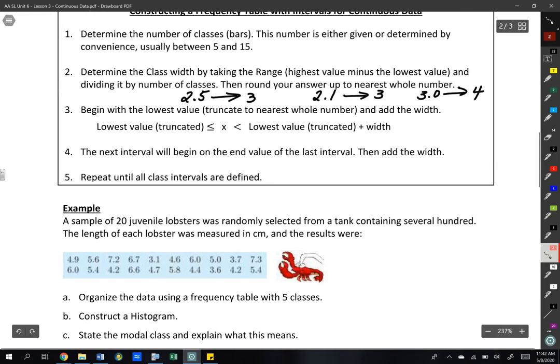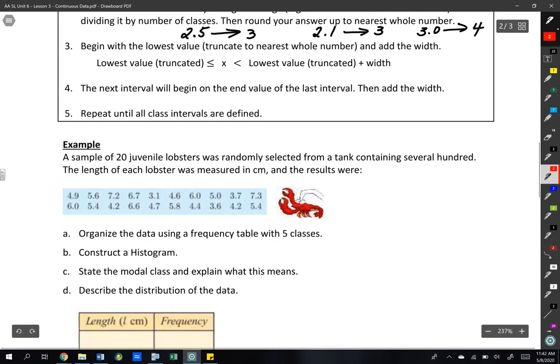And if you notice up here, it says determine the class width by taking the range and dividing it by the number of classes. All right, well, in order to do the range, we need to know the highest value and the lowest value. And if you scan the data here, you're going to realize that 7.3 is our highest value, and 3.1 is our lowest value.